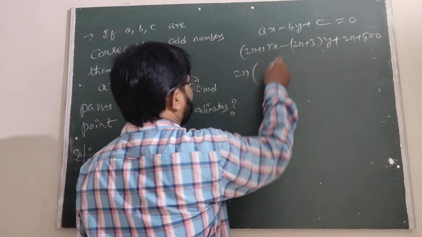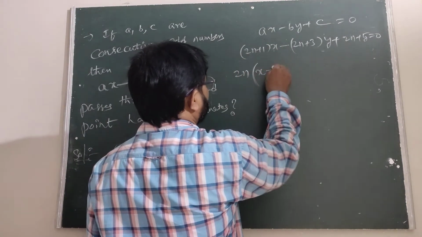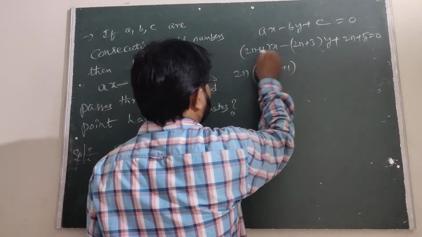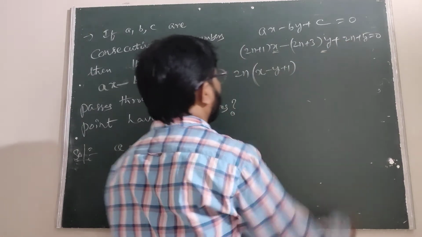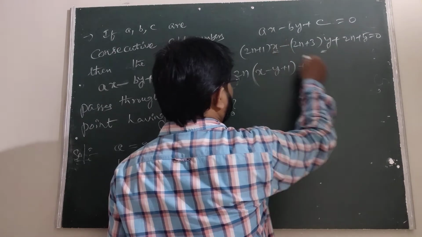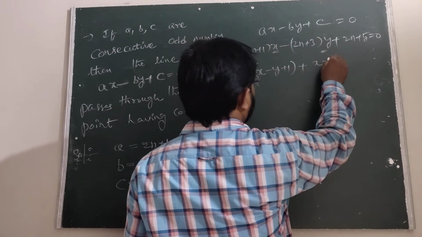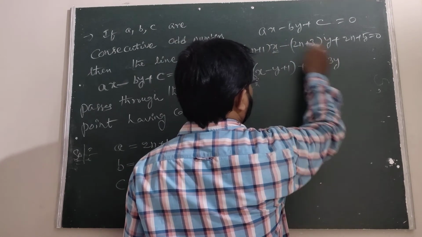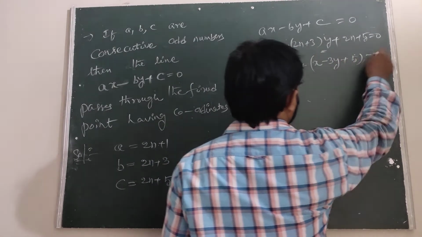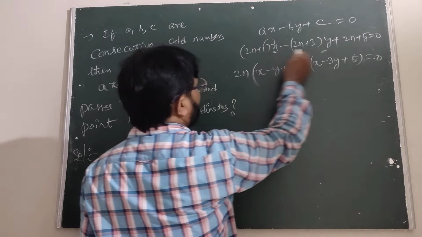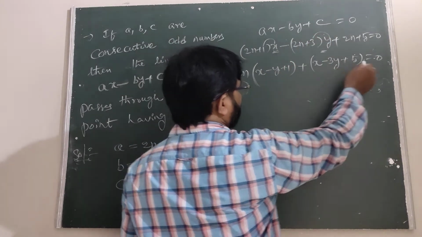When we take the common x, this is (x minus y plus 1), and after that (x minus 3y plus 5).